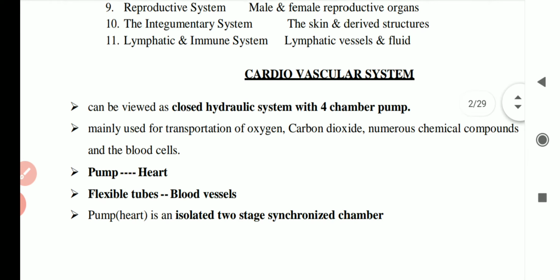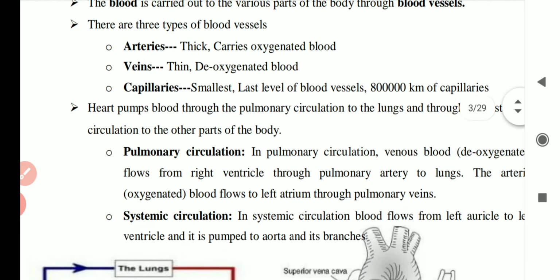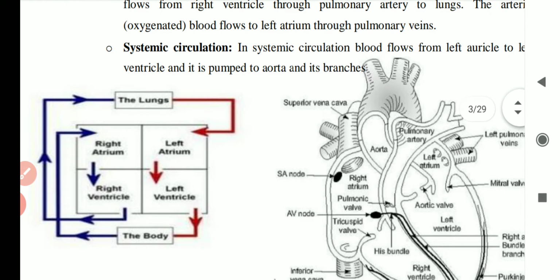It contains flexible tubes. The pump is an isolated two-stage synchronized chamber. In the left figure, you see the left atrium or left auricle, then below the left ventricle, then the right atrium or right auricle, then the right ventricle.